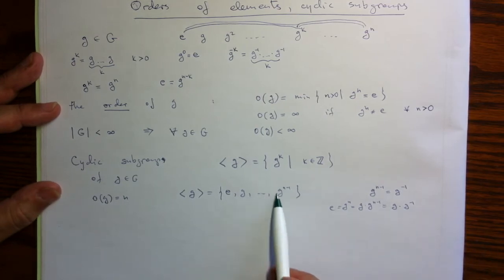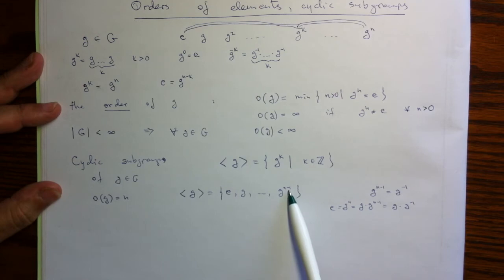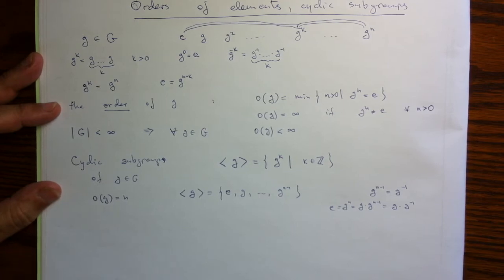You could see what the inverses to all other elements in here are. They are still powers in this list, and it's really inverting and taking the minus of the power, but since power n is the identity, you are replacing it by n minus the power, so that is the inverse to the power k.